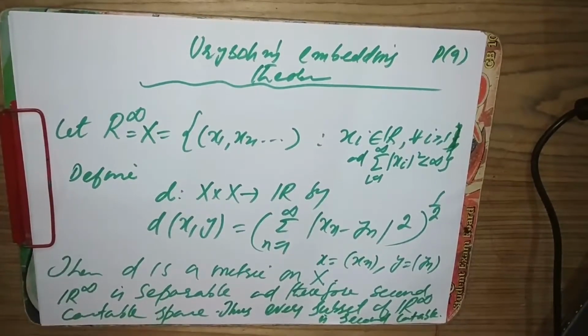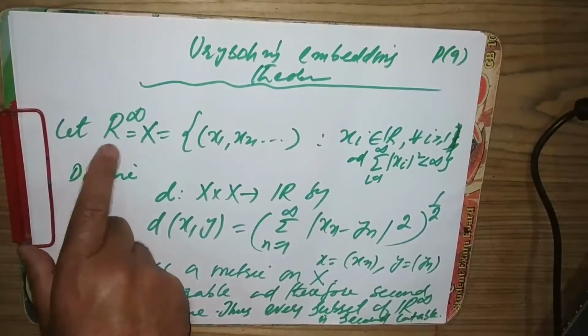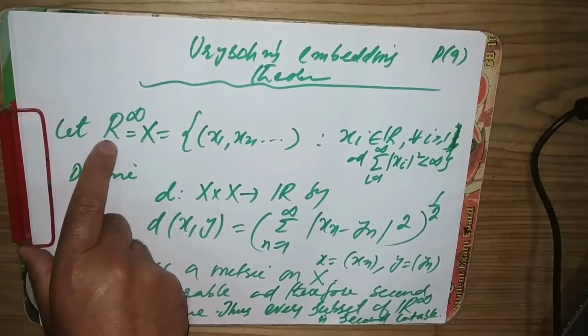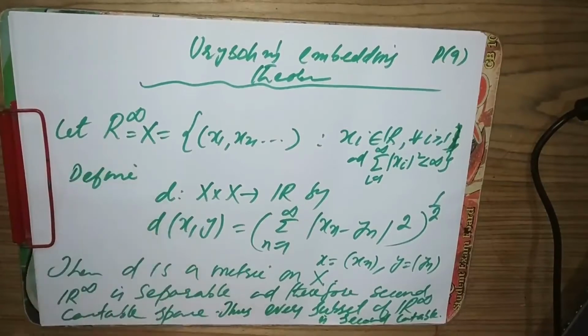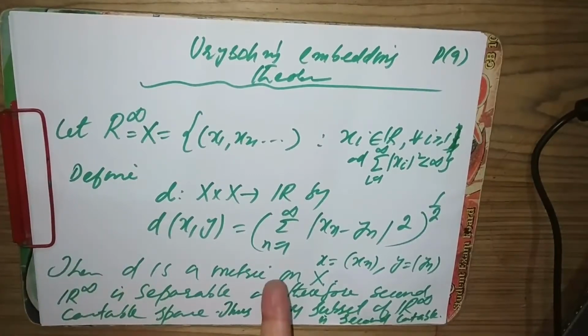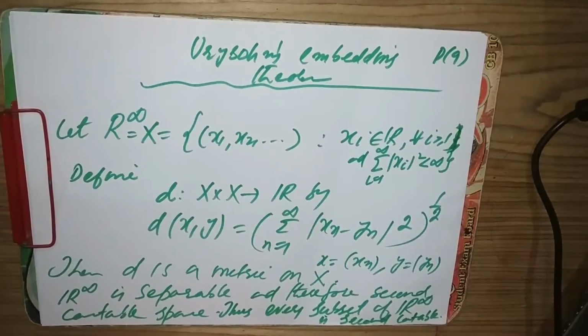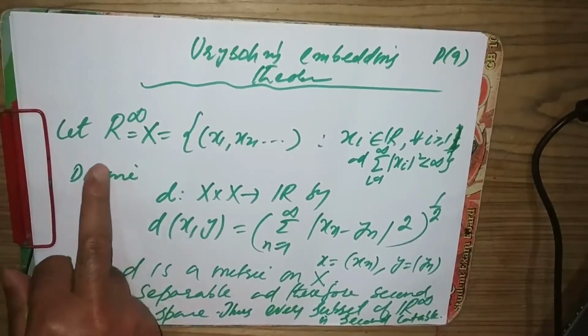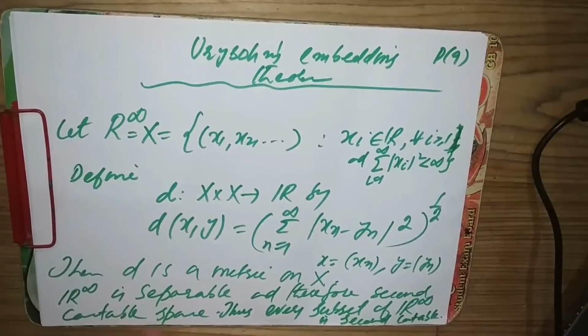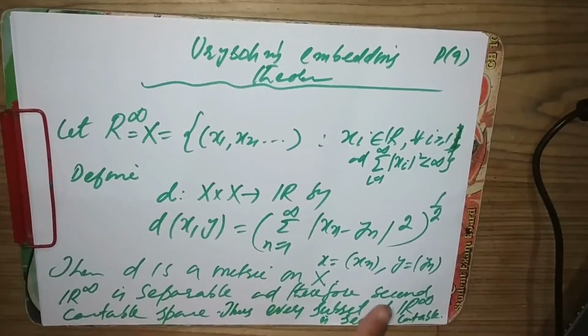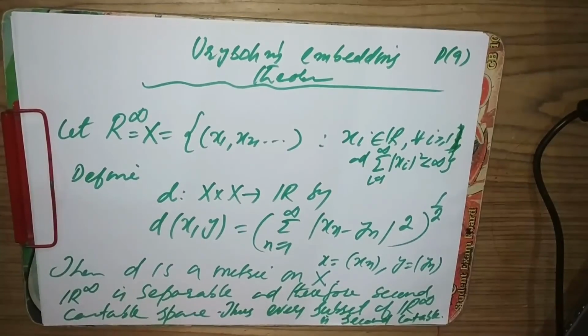In fact, it is homeomorphic to a subspace of R infinity, which is a metric space, so its subspaces are also metric spaces. In other words, every normal and second countable space is metrizable. That we'll prove in the next lecture. Thank you.